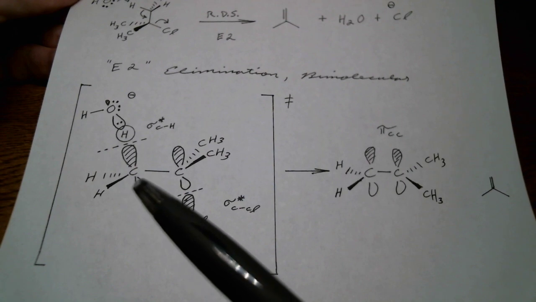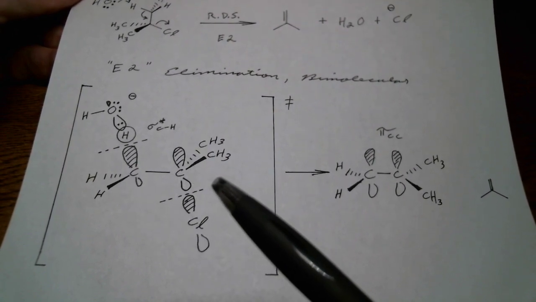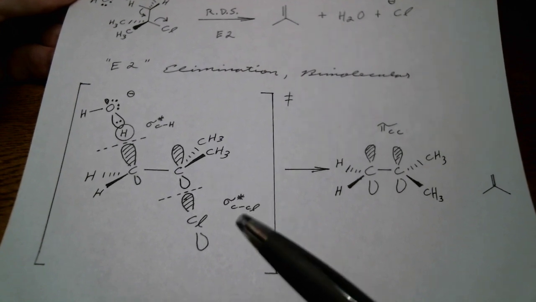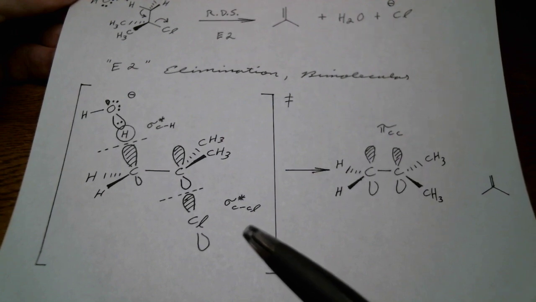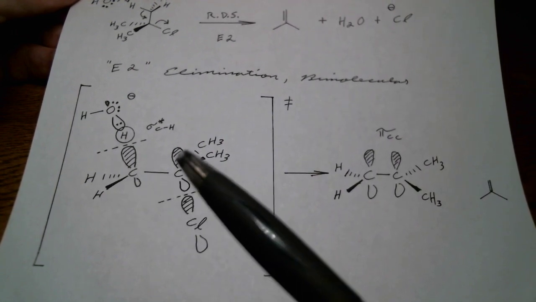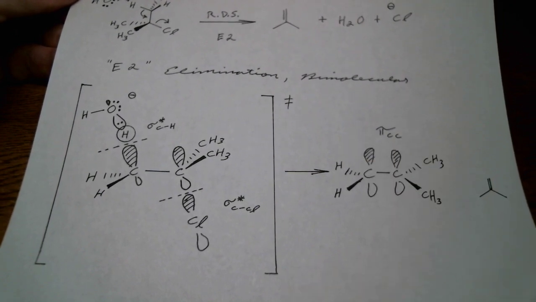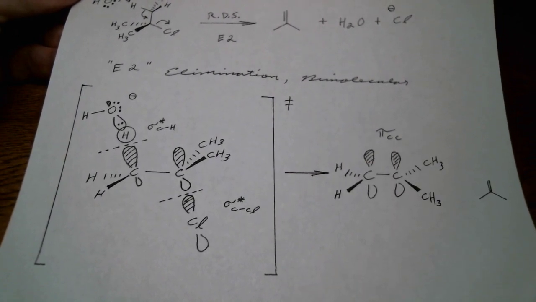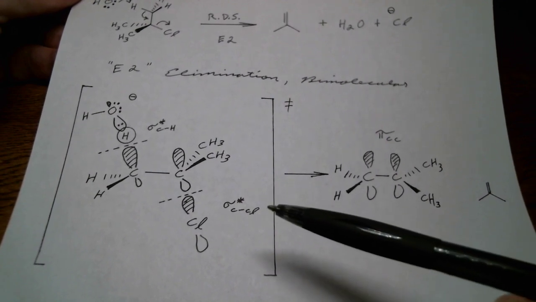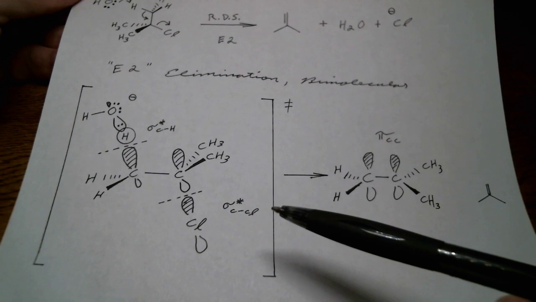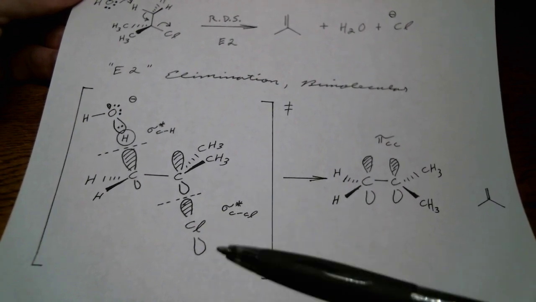And that helps transfer electron density to the sigma star carbon-chlorine antibonding molecular orbital. And you can see that we have something that looks like a pi bond forming in the middle, right? A pi CC. As we pluck off that proton and put electron density in that antibonding carbon-chlorine molecular orbital, which has the effect of breaking the carbon-chlorine bond.